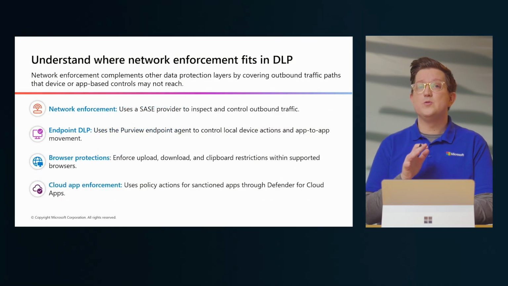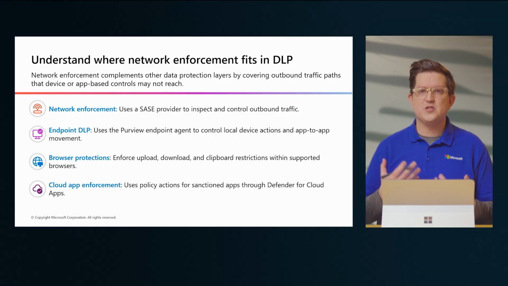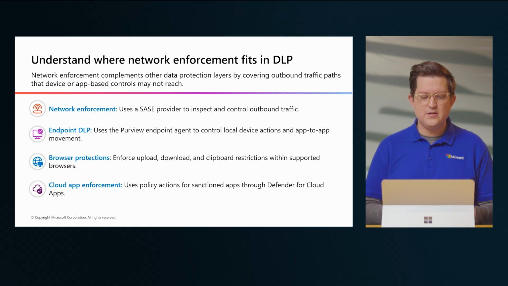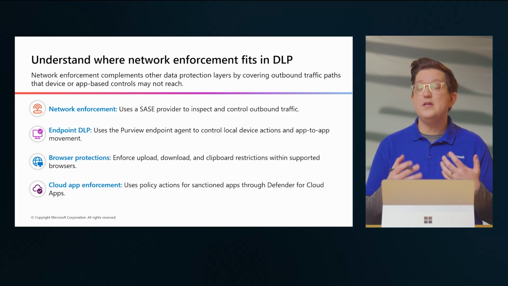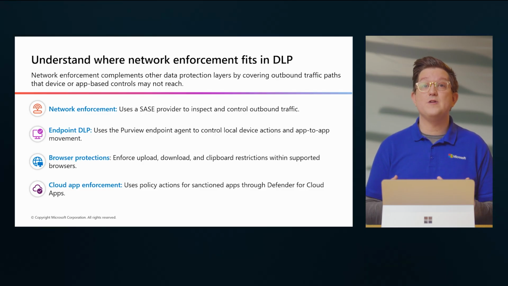If you are looking to apply this within your space, effectively add in these components around network enforcement more broadly, just remember, this is not designed for every scenario. What it is looking for is a complementary layer, where if you have other data protection layers, we can now cover outbound traffic paths that just might not be caught otherwise. As long as you have that SASE provider to inspect and control outbound traffic broadly, we can leverage that as a way to do this inspection.